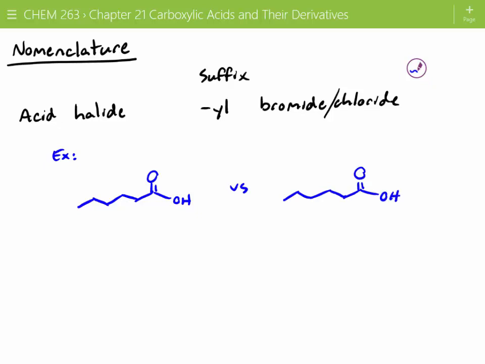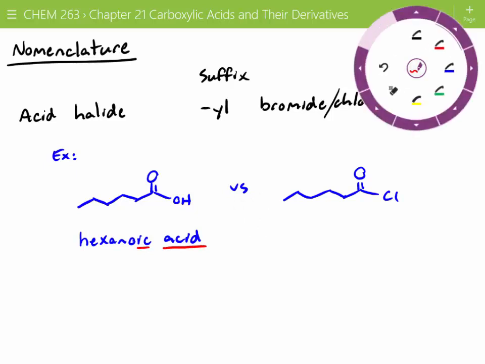What would the name of the carboxylic acid be? Yep, hexanoic acid. Versus, whoa, this should be a chloride. All right, so we're comparing the parent carboxylic acid to its derivative acid halide. So we're going to replace the ic acid with the -yl bromide or chloride.